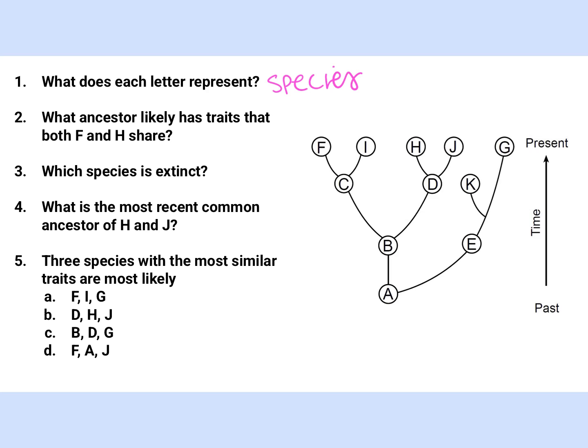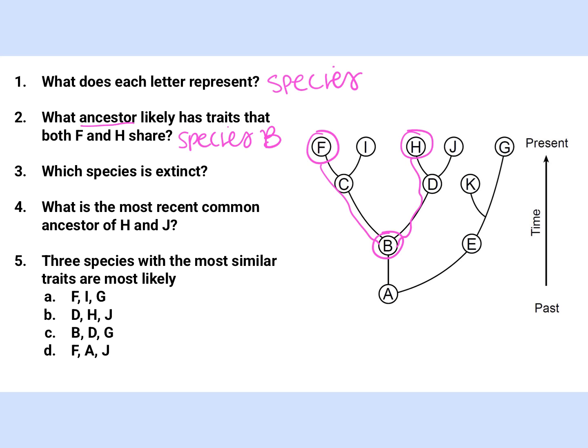What ancestor likely has traits that both F and H share? So, which ancestor? I can follow it back until we intersect at species B.